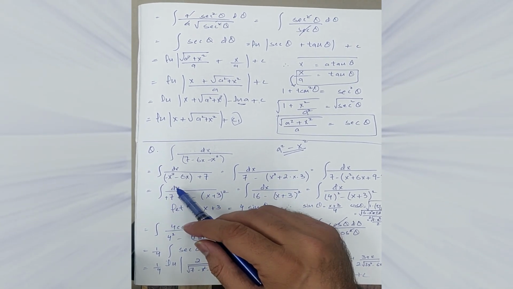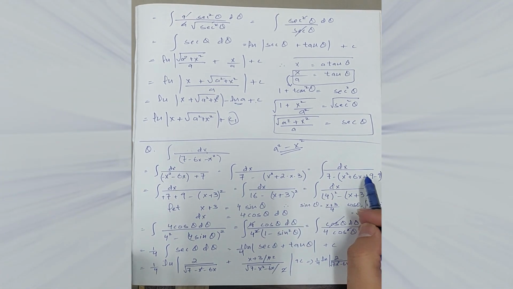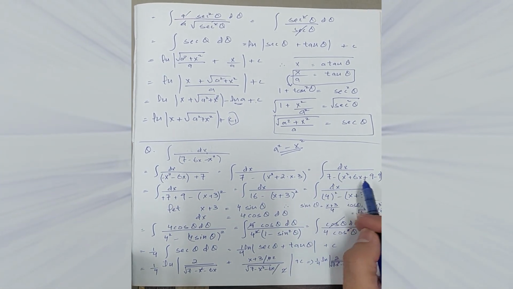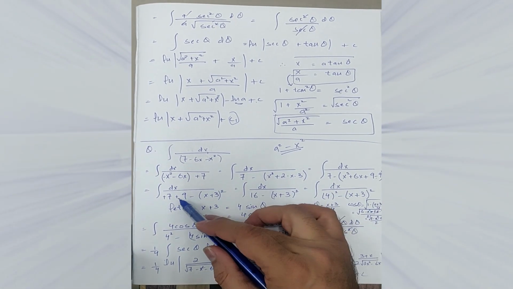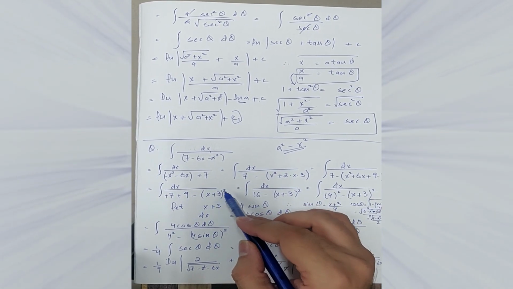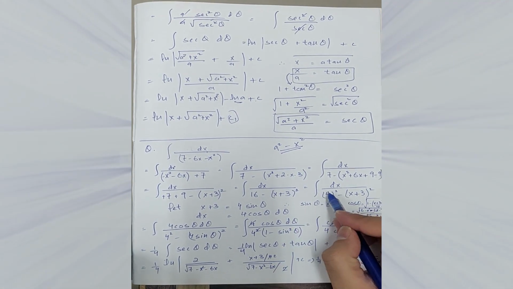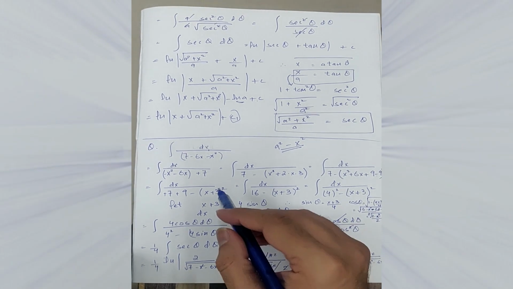So integral of dx divided by 7 plus 9, that minus 9, when it came out from the bracket, this minus sign became plus. So that's the plus 9 minus x plus 3 whole square. So it becomes 16 minus x plus 3 whole square. Now that becomes 4 square minus x plus 3 whole square.